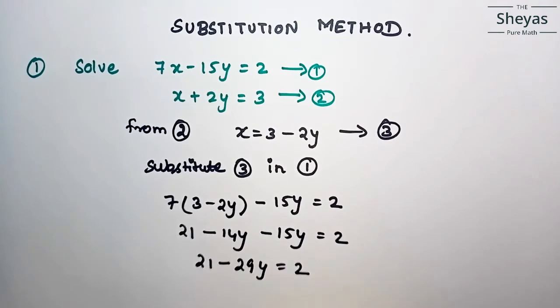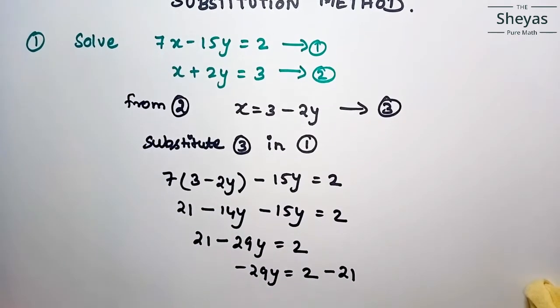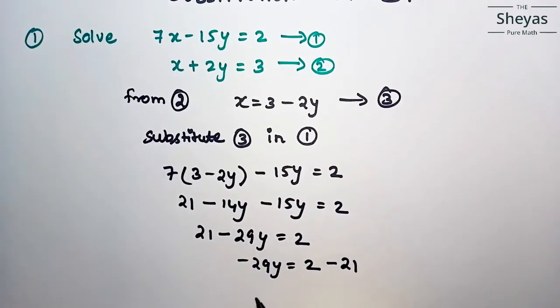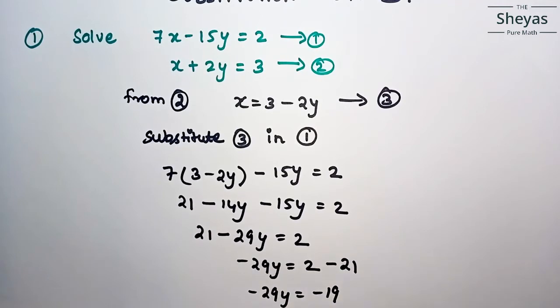So minus 29y is equal to 2 minus 21. You are taking this constant to the other side. Therefore, minus 29y is equal to minus 19.